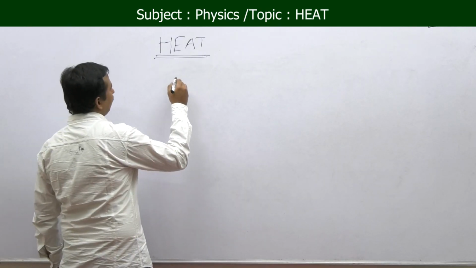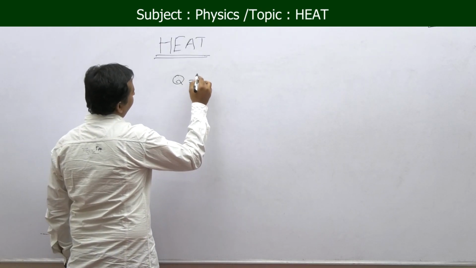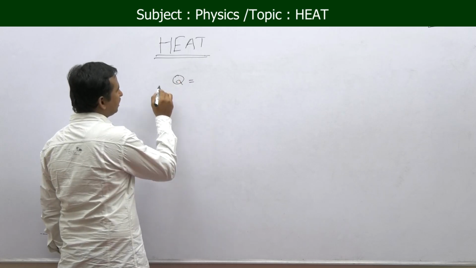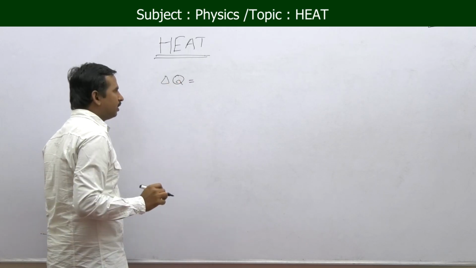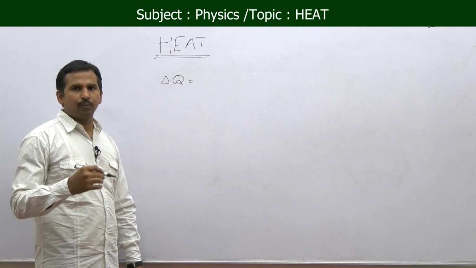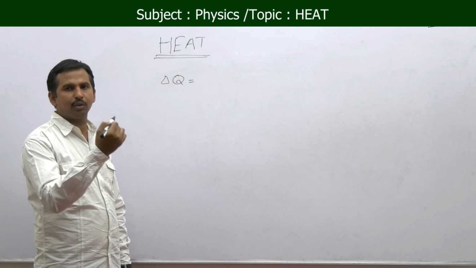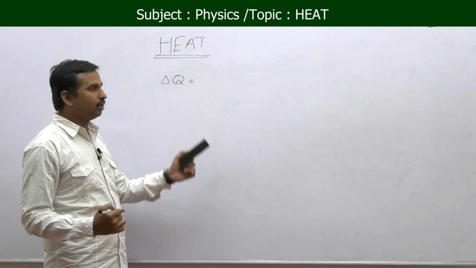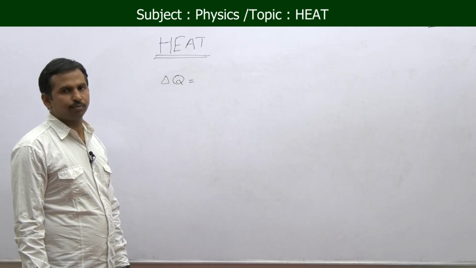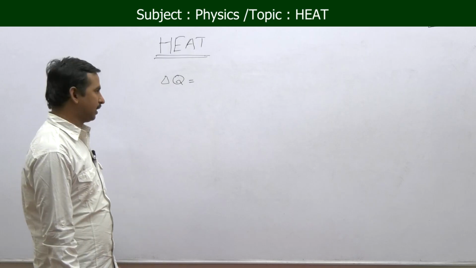Now we got a new formula for heat energy, whatever heat we are supplying to any substance, or whatever heat you are receiving from the substance, that we take as delta Q. How much is the difference in the heat energy?